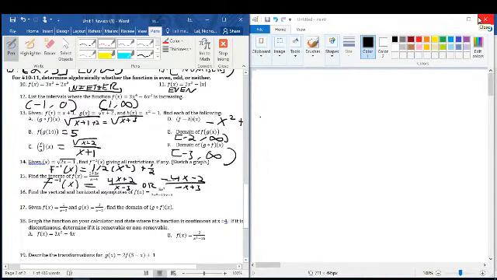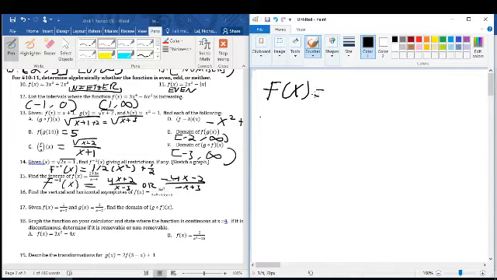All right. So for 15, we need to find the vertical and horizontal asymptotes of f of x. So using our brushes, we see that f of x is equal to 5x squared over 2x squared minus 11x minus 6.